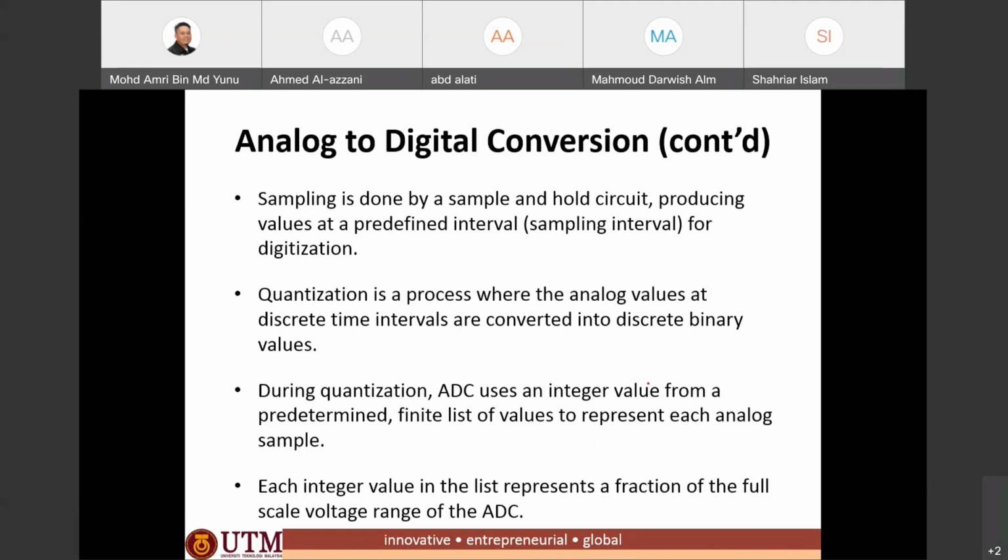So the ADC uses an integer value from a finite list of values to represent each analog sample. The integer value in the list represents a fraction of the full scale range of the ADC. Full scale will be determined by the reference.